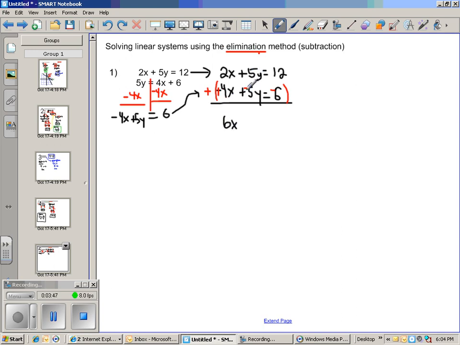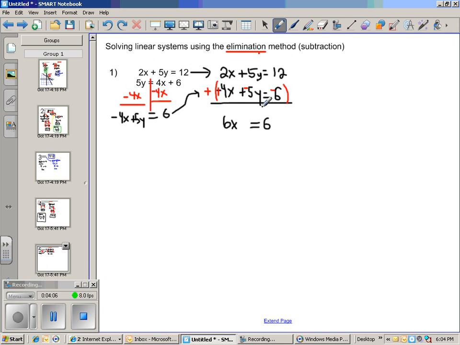And then you have 5y plus negative 5y. Well, 5y plus negative 5y, those are going to cancel out, leaving the y's to disappear or become eliminated. Then we have 12 plus negative 6. Well, 12 plus negative 6 is 6.